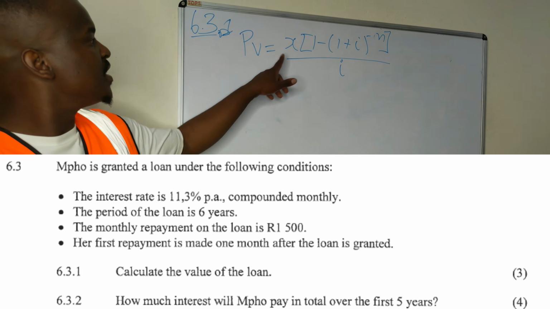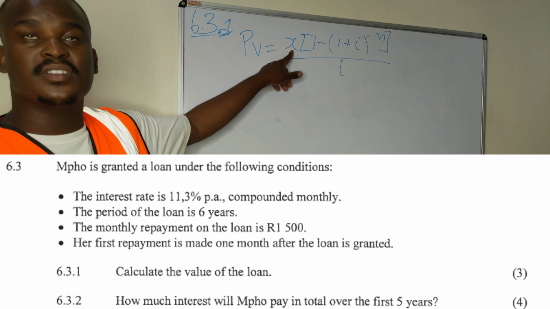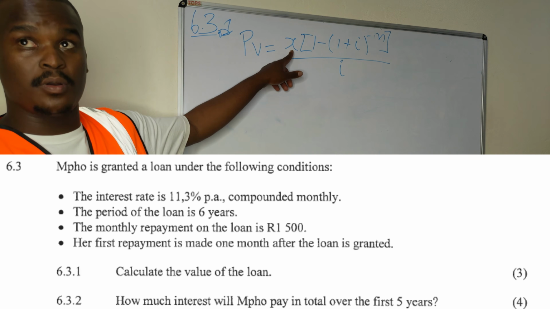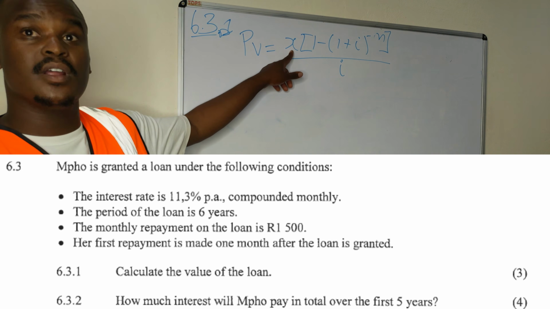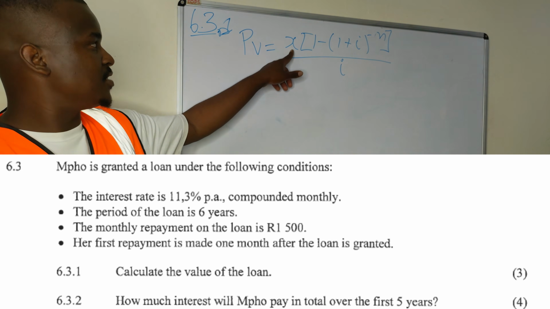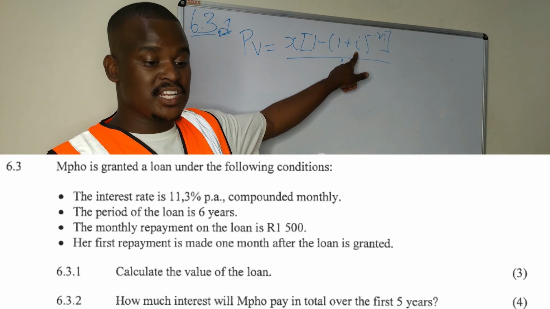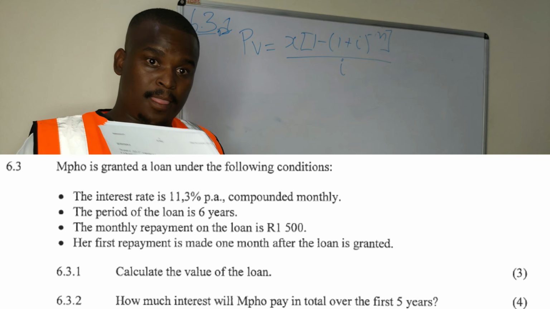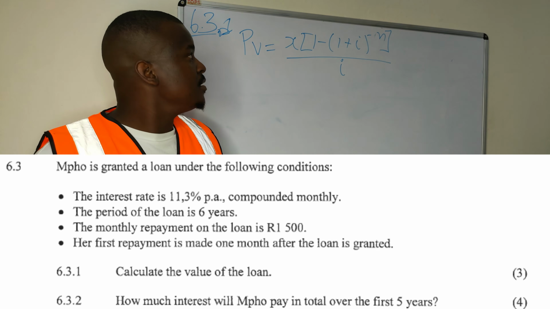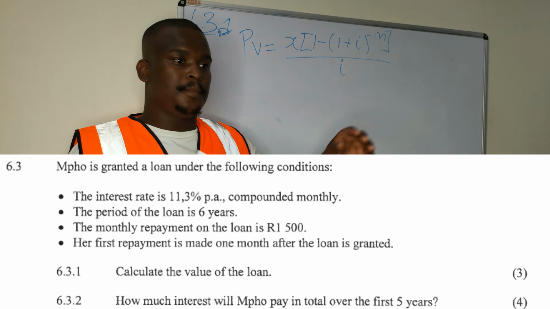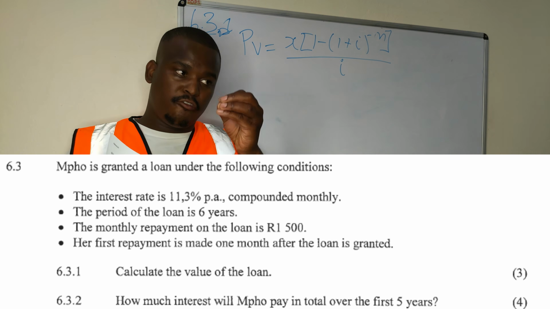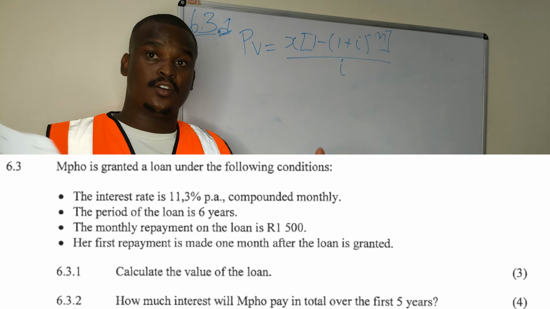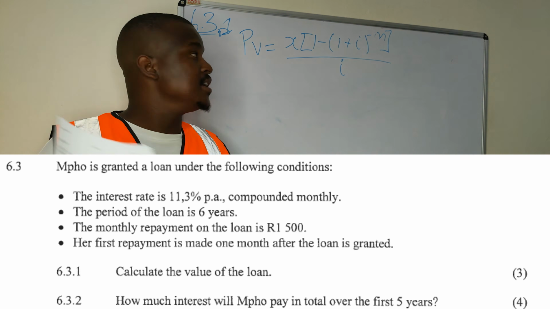X is the amount that you pay on the loan, the monthly repayments, which is 1,500. Your i is your interest rate, and your n is the number of payments that have to be made over that period, right?